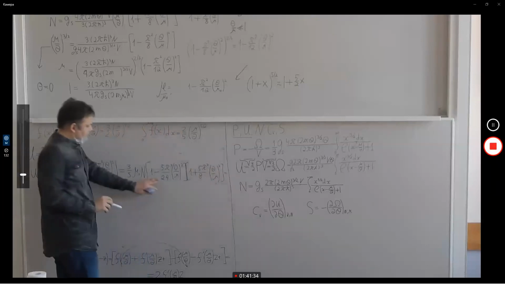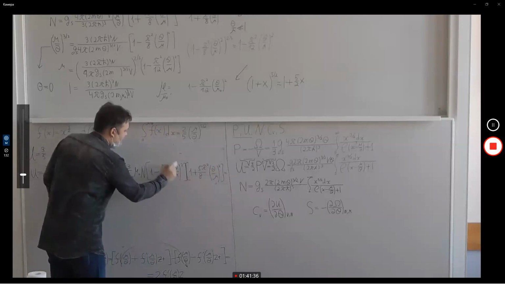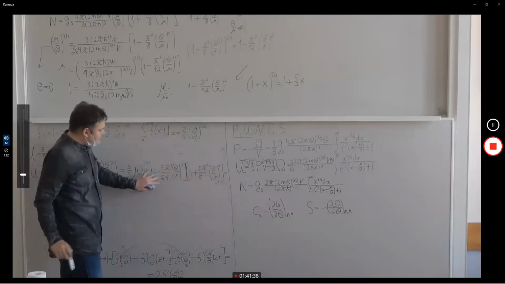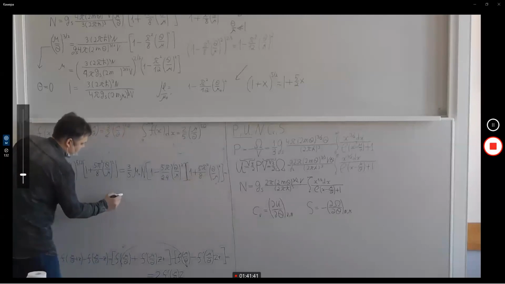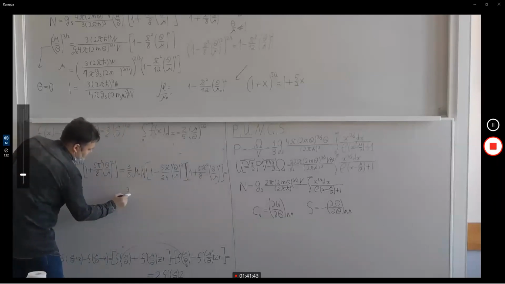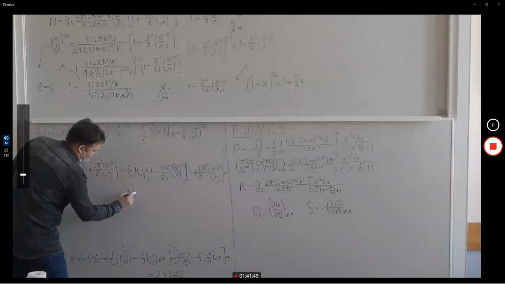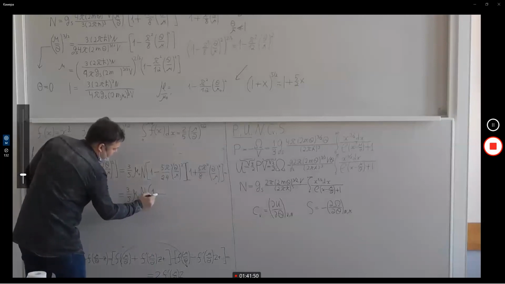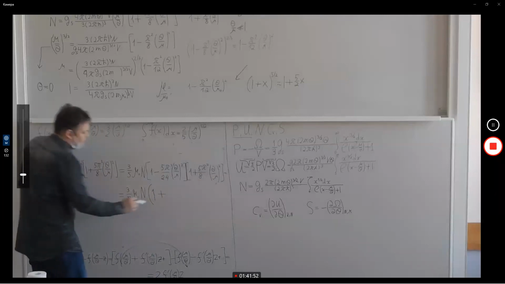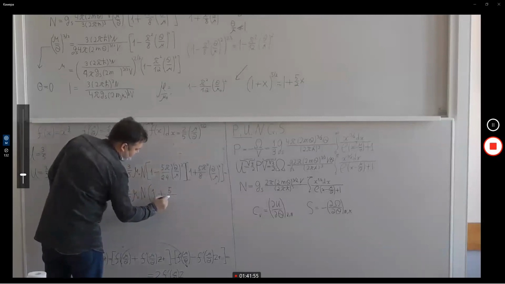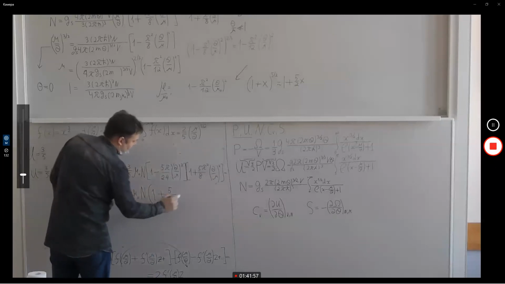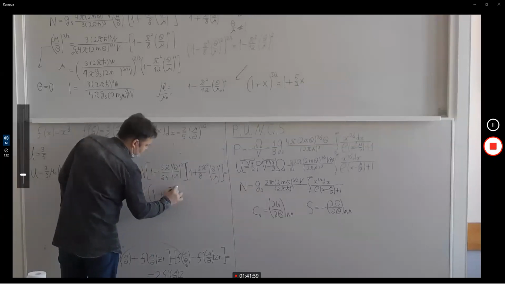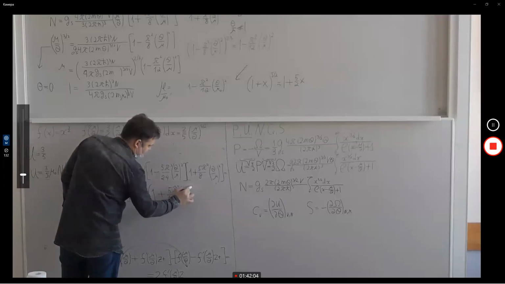And then I open this bracket and I keep only the terms that do not depend on temperature and the first leading term that is squared in temperature. So I have 3/5 mu sub 0 n, and here 1 plus 5/12 of pi squared temperature divided by mu to the second power.